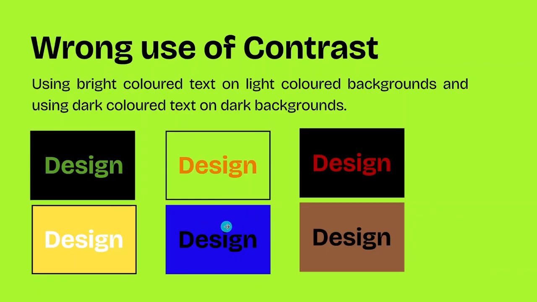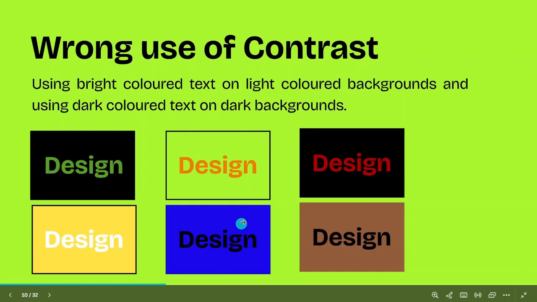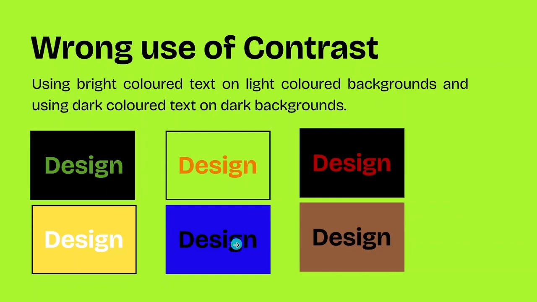For this blue color, it's too dim to use black on it. You can use white to be better. If you really want to use black, maybe you can add a black shape and then use a light color text on the black background. Just don't use this black color directly on the blue. It will look dim and won't get someone's attention at first sight. So that is not a good use of contrast.